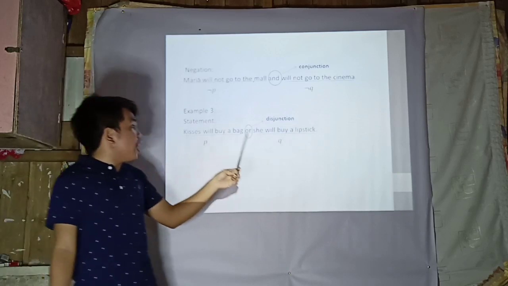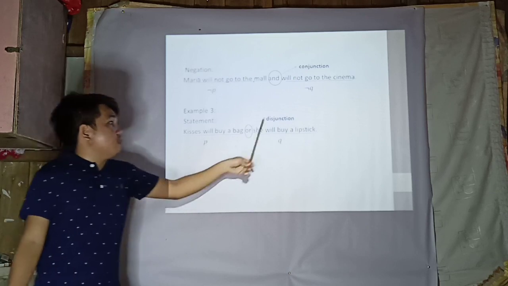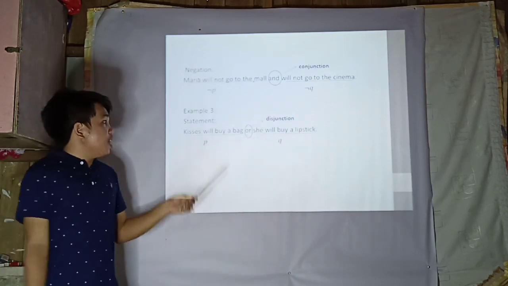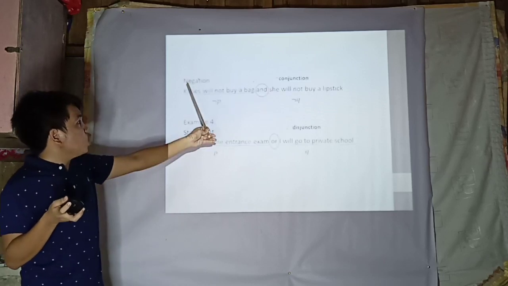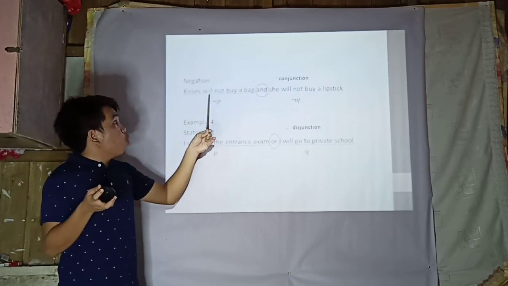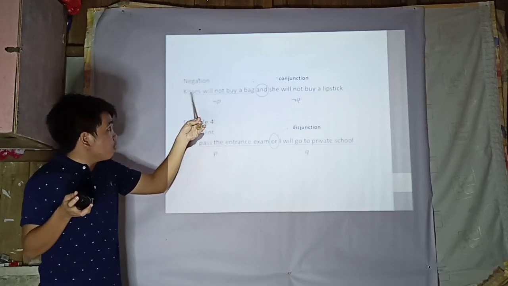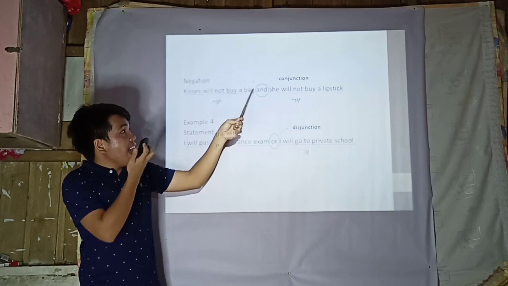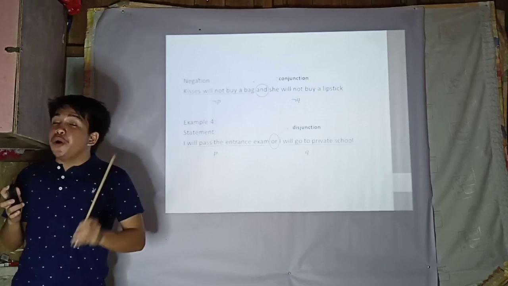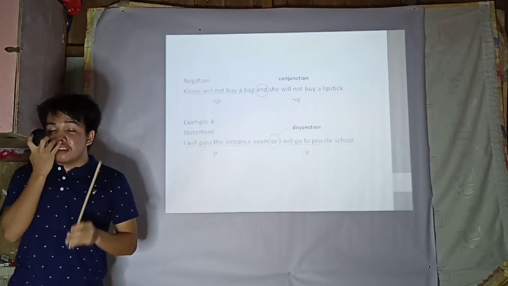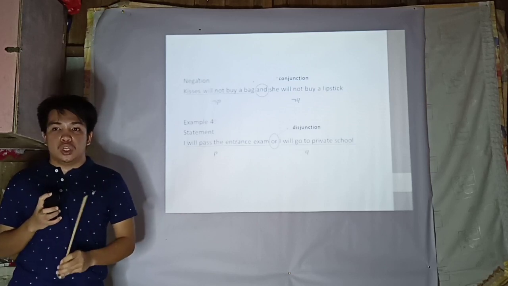So we already found the disjunction. So the negation of this statement will become, so kisses will, the negation of P, which is not, so kisses will not buy a bag, and because the or is negated according to the De Morgan's law for logic, we must follow the rules of the De Morgan's law for logic.